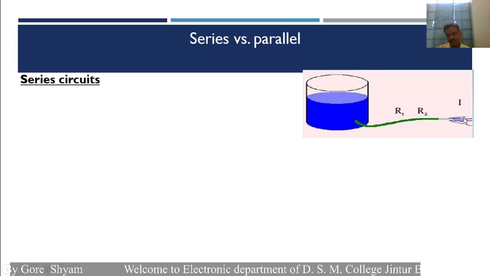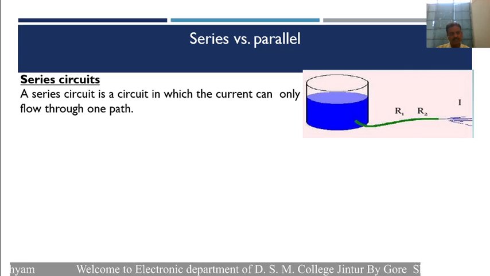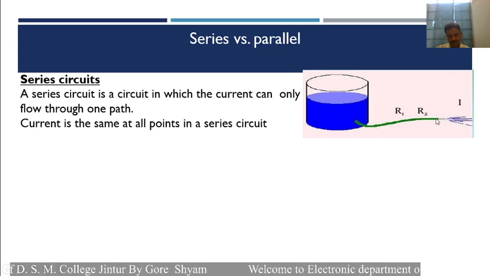In a series circuit, the current can flow through only one path, and therefore any current flowing through the circuit is the same, because it can flow through only one path. This is the current I.